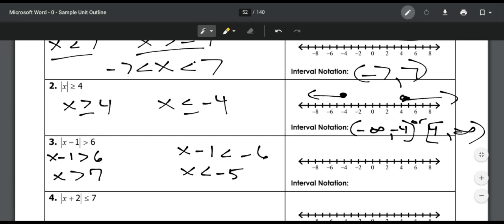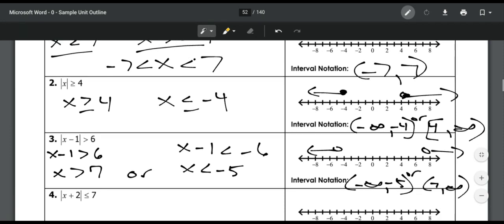So these would be ors, because x greater than 7 is going that way, and less than -5 is going that way. So we're going to have negative infinity with -5, or 7 with infinity.